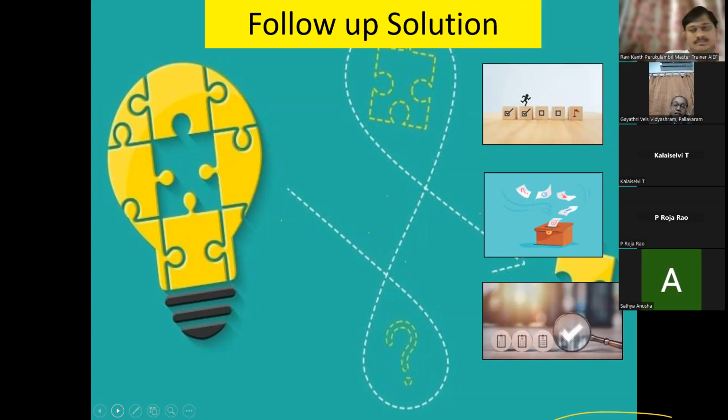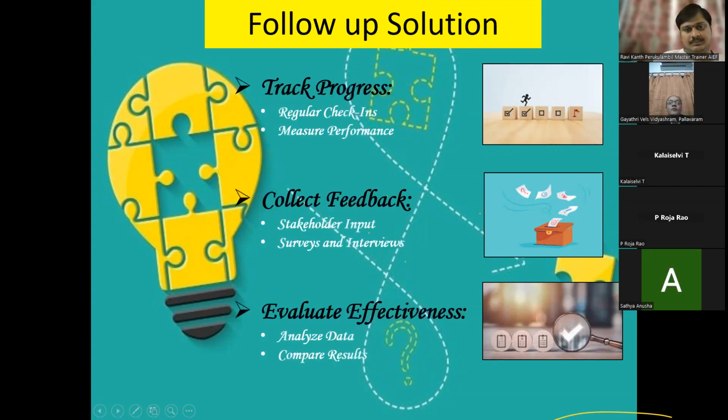Sir, kindly click the button, sir. Okay. So the first one is track progress. As the name implies, we found the best solution to a problem and implemented the solution by designing an action plan. Now, the follow-up is not only executing the solution, we need to monitor it frequently, right?